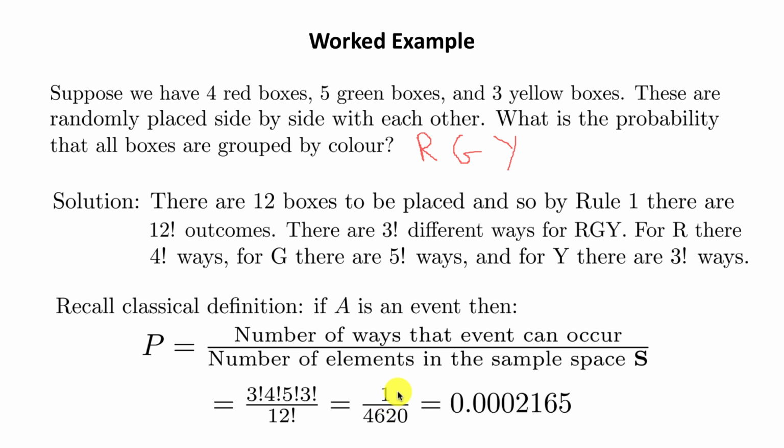If you just work this out, that's 1 over 4620, and that says that if this random experiment is done 10,000 times, then in 2 of those 10,000 times, you will find that all the reds are together, all the greens are together, and all the yellows are together.